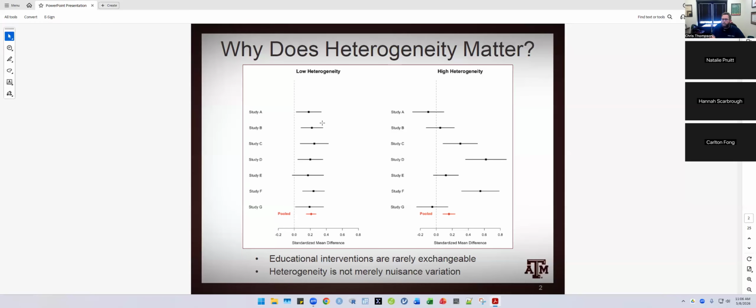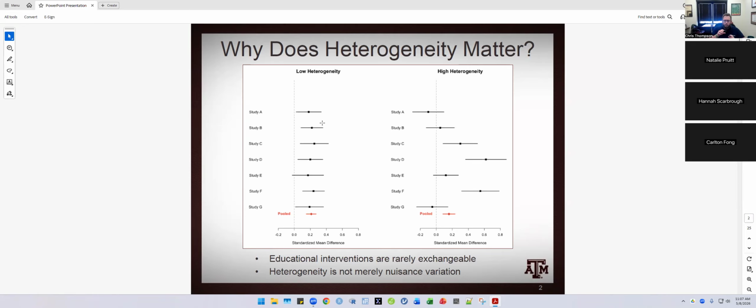It's not exactly the same, but it's very dense in terms of where its estimate might be. Now on the right side, this is wildly different, right? You still have study A through study G, but you have some on the far left, on the far right, and really every way in between.